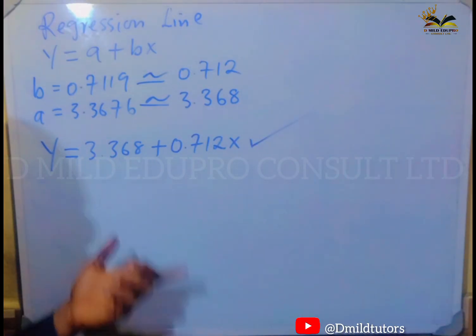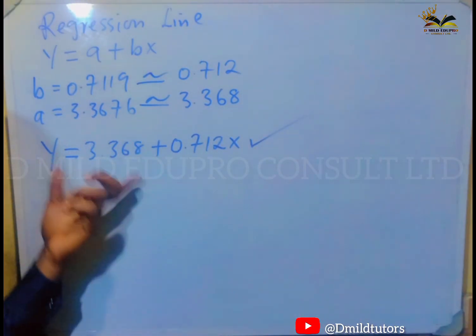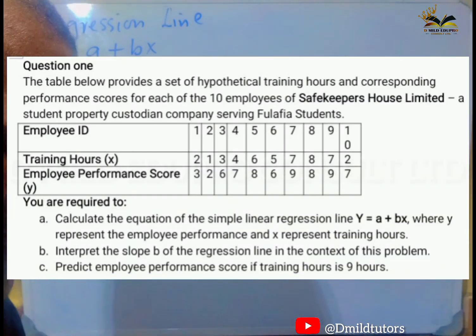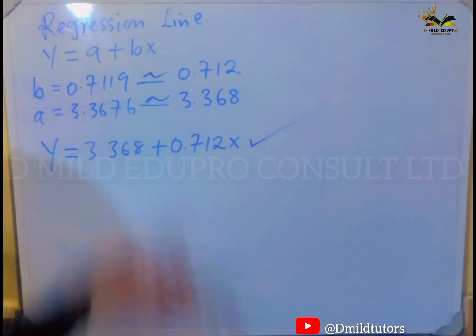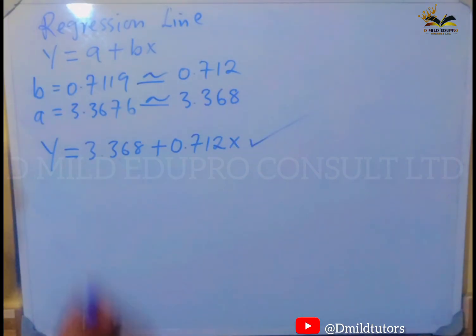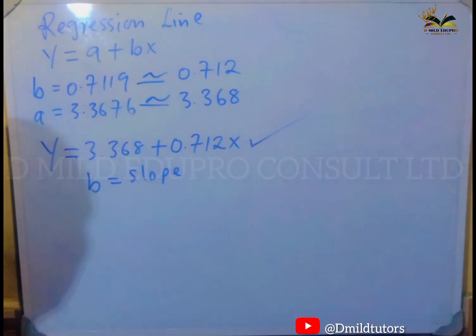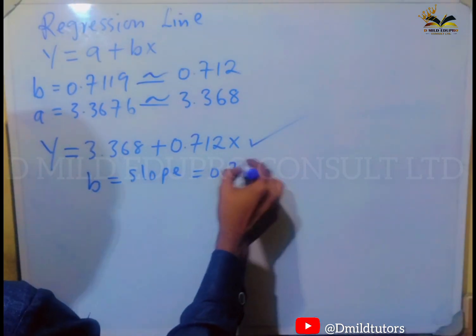But I think another question in this question one has to do with prediction, which I will show you using this. Is that okay? I think question B says you should interpret the slope. This is the slope. B is the slope. So note that B is equal to the slope, and the question says you should interpret the slope, and the slope is the same as 0.712.